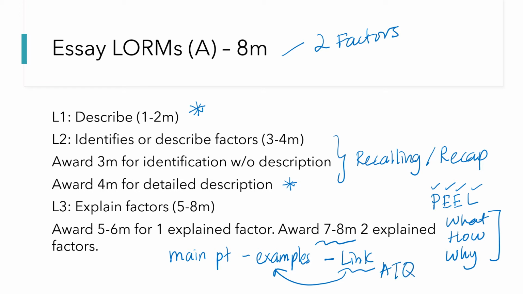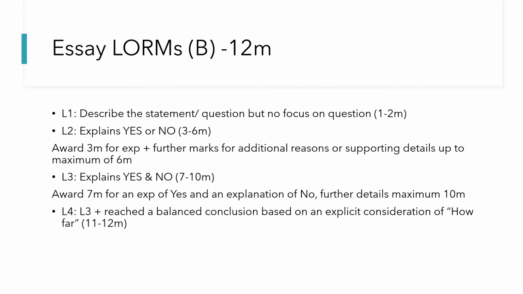Okay, now moving on, a 12-mark question would demand definitely slightly more. All right, it is again a statement. So for the B question or 12-mark question, it is what we call a statement, and you have to answer in 2 paragraphs minus the conclusion, but it is 2 paragraphs.